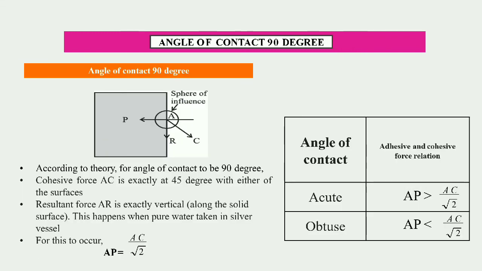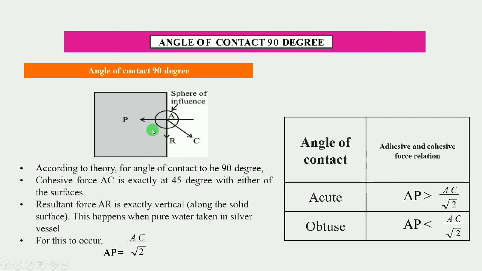Next is the special case when the angle of contact we are getting is 90 degrees. This is the special case when we consider a silver vessel and pure water. In this case, it is the liquid which fully wets the solid. In this case again we consider the adhesive force as the AP vector and the AC vector as the cohesive force.